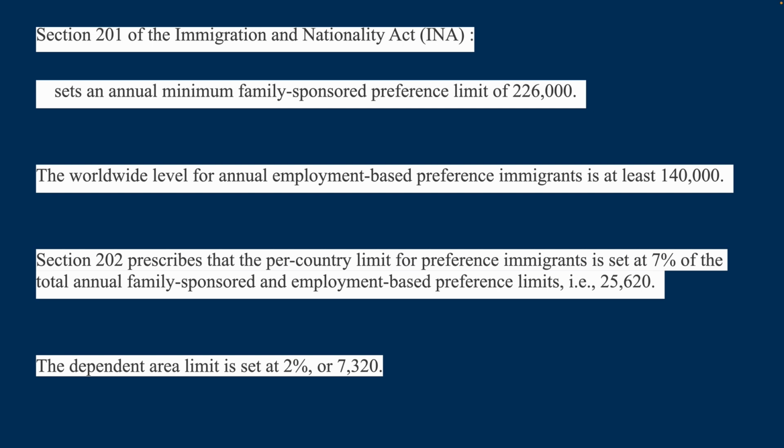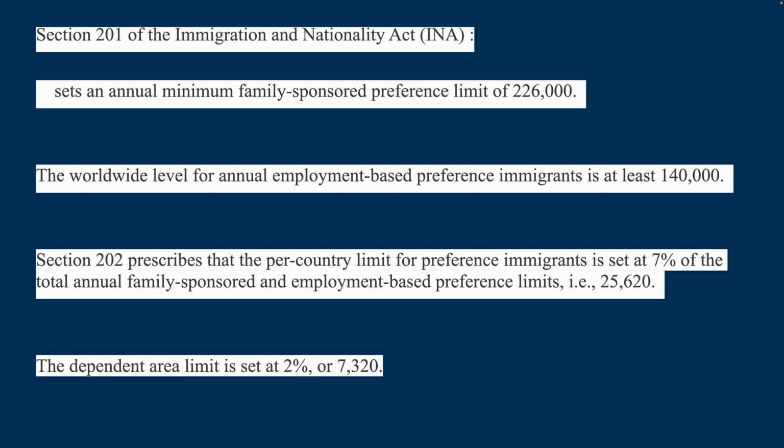The dependent area limit is set at 2% or 7,320. That's the reason why, guys, family-sponsored preference and employment-based visas take so long for the interview appointment dates, because they set a limit for that. So all you need to do is just be patient.